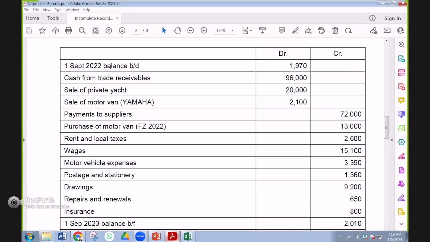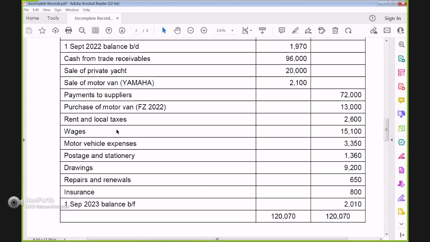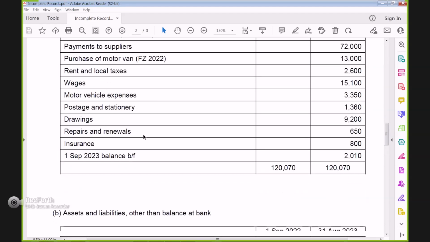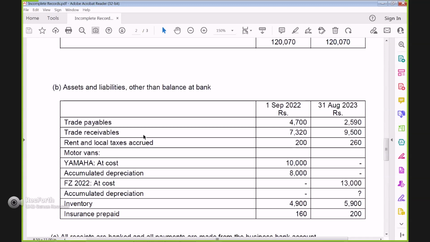The opening balance, cash from receivables, sales of private yacht, sales of motorway van, payment to suppliers. So like that, there are some income and expenses recorded in the bank account. So the debit and credit are given. The opening assets and liabilities, how much? Closing assets and liabilities, how much?